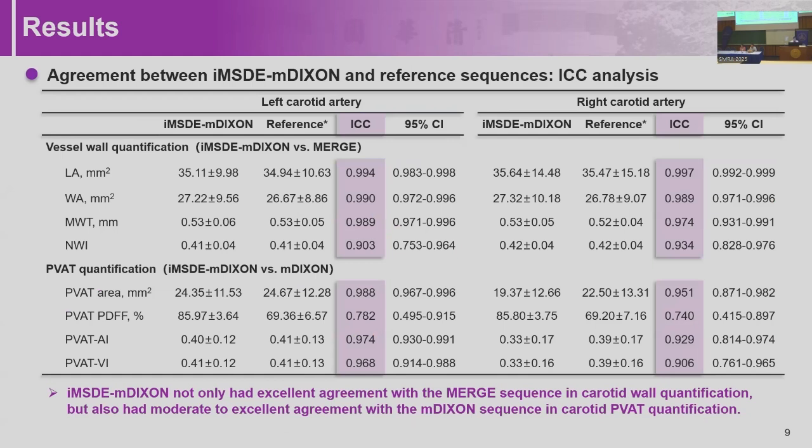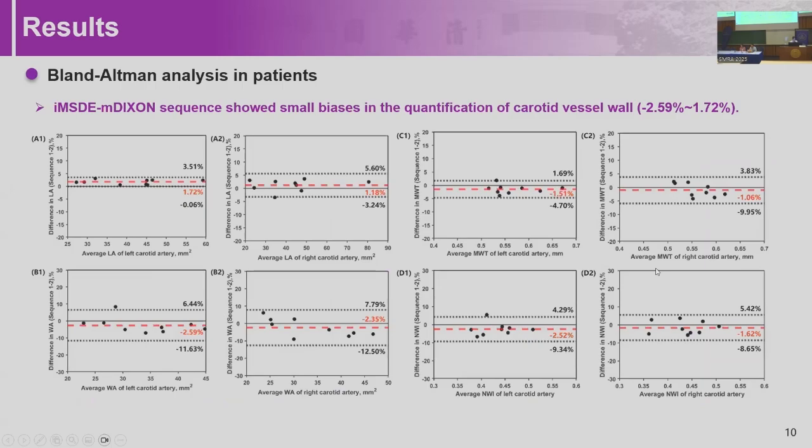The intra-class correlation coefficient analysis showed that our new sequence not only had excellent agreement with the MERGE sequence in carotid vessel quantification, but also had moderate to excellent agreement with the M-Dixon sequence in carotid PVAT quantification.